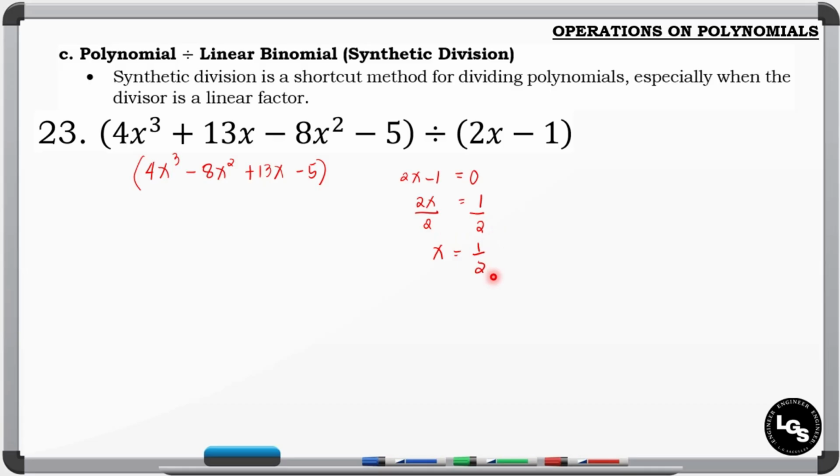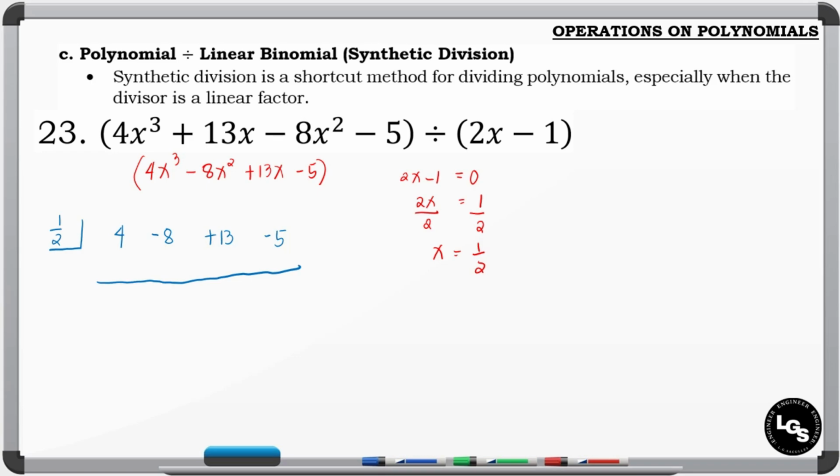Then divide both sides by 2, so we have now divisor root x is equal to 1/2. So let's proceed with the synthetic division. So let's write the coefficients. We have 4, negative 8, positive 13, minus 5. Then the divisor root, we have 1/2.